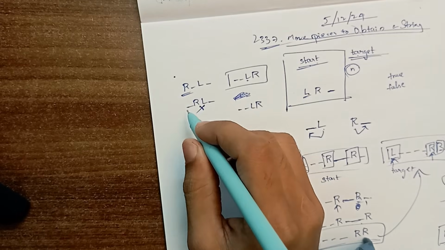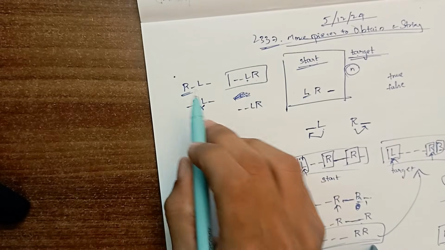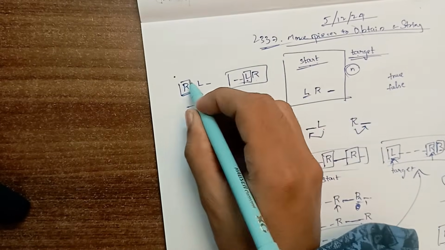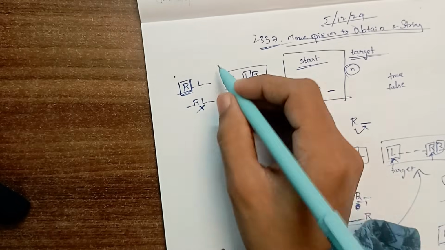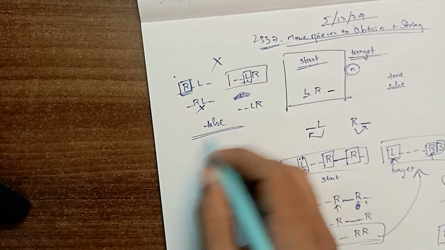L and R cannot be crossed over. So here we have L and R, but there we got R and L. That means these first characters are not similar, then we will return false.